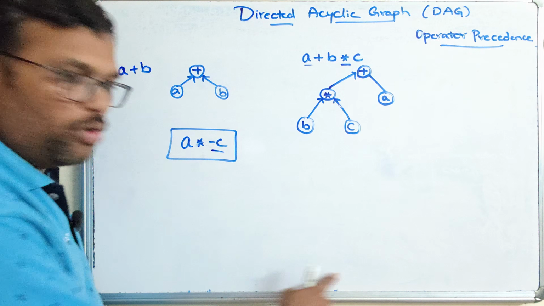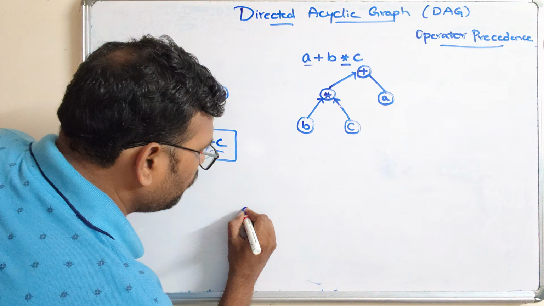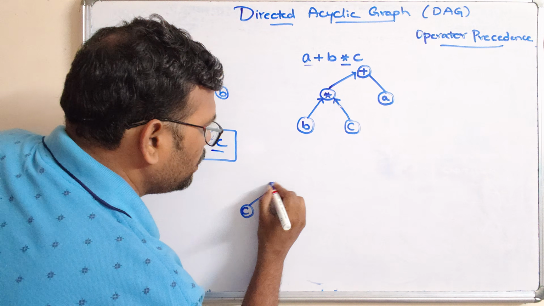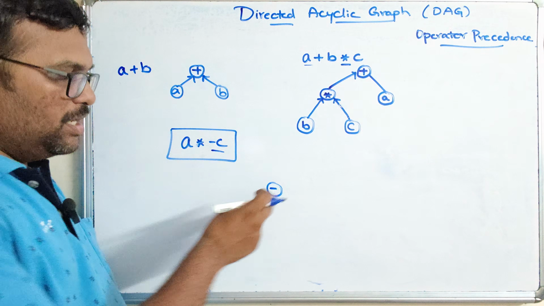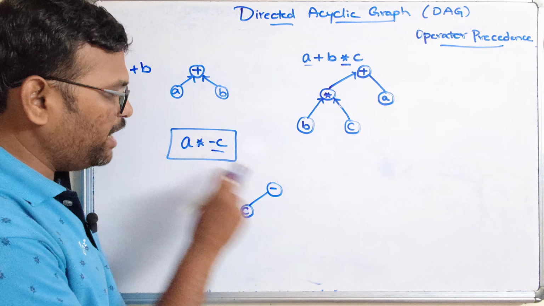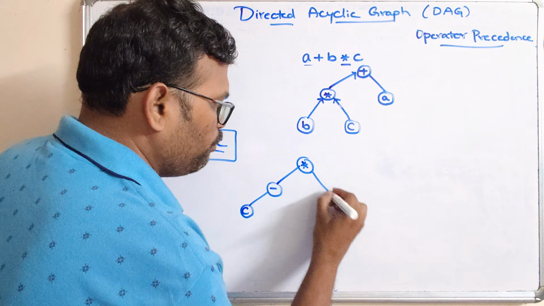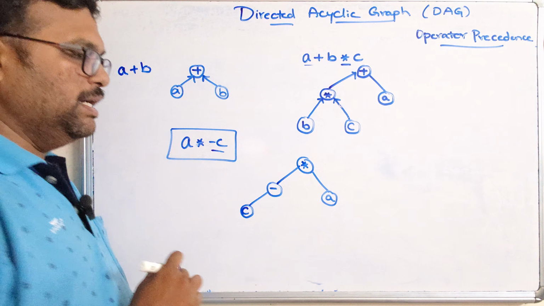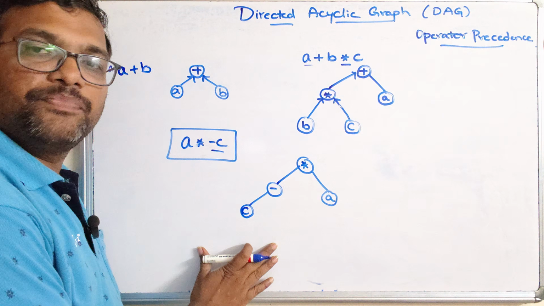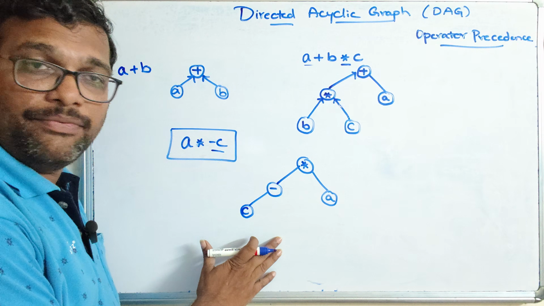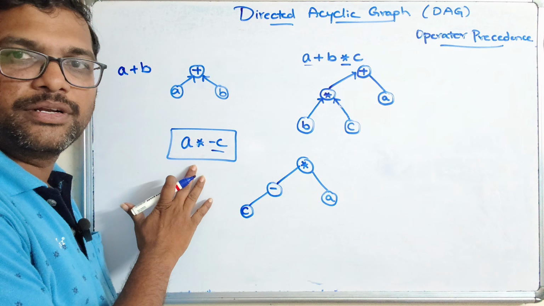Initially there is no node, so we create one node for the unary minus, and that should be multiplied with A. This is the directed acyclic graph for this expression.